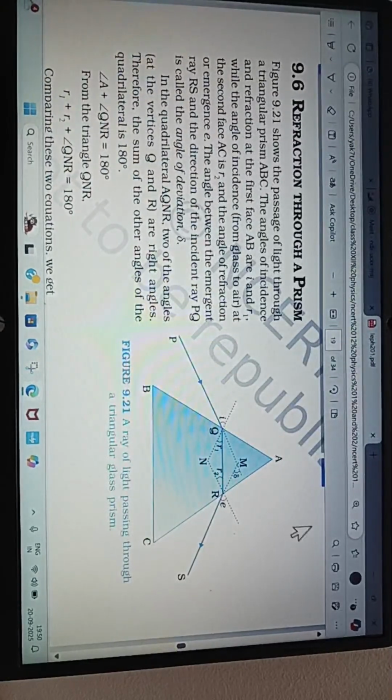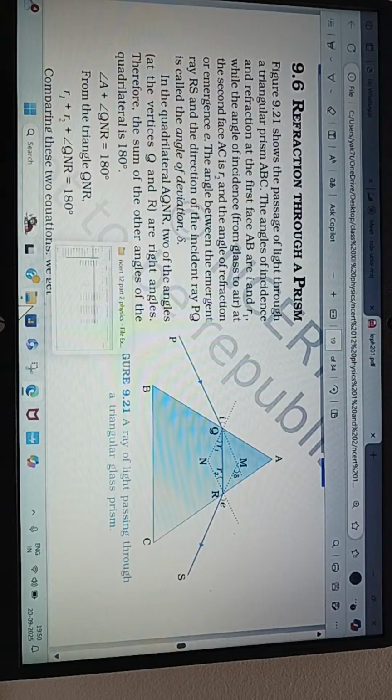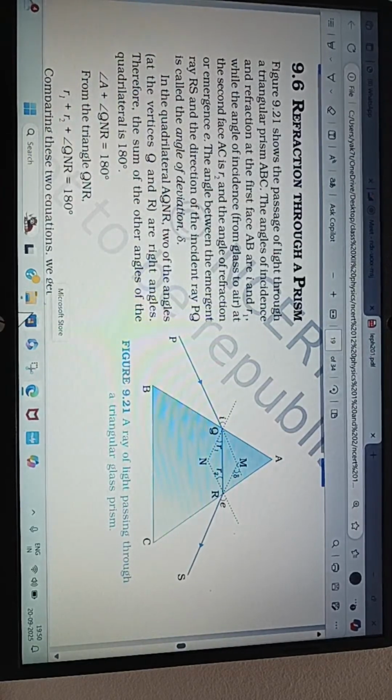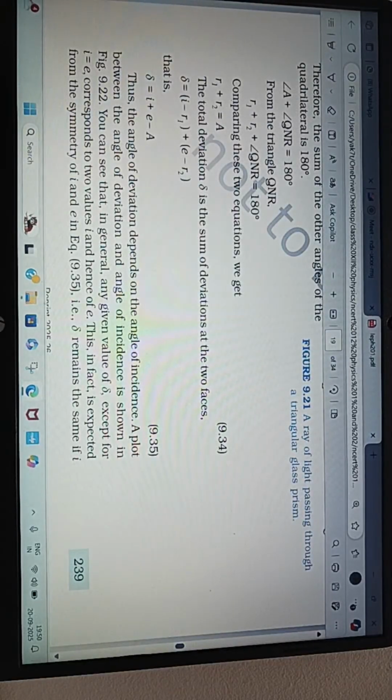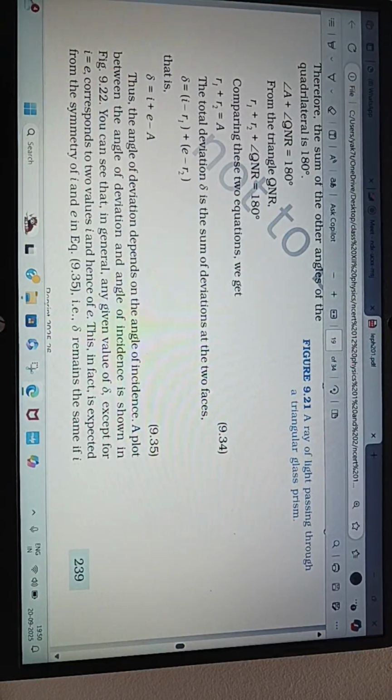Now, this diagram, may I show you in an animation figure, or may I draw and show you? Sir, can you draw and show? Okay, here itself may I draw? I'll try. This board is always problematic.